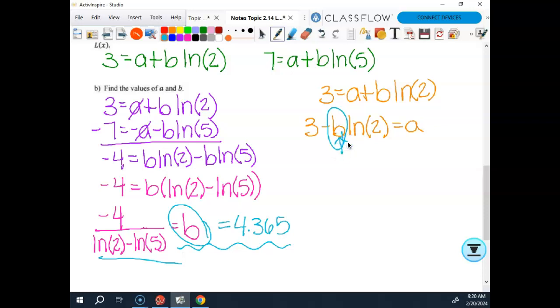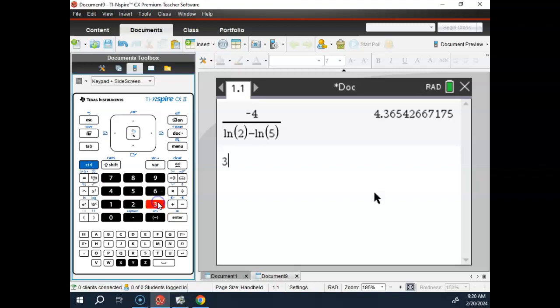But I'm not typing it in there. This is what I'm going to do. I'm going to do 3 minus that mess up there. So I can arrow up, and when it's highlighted, hit enter, and it puts it right there. It actually is storing more decimal places than you can see. Times the natural log of what? 2.